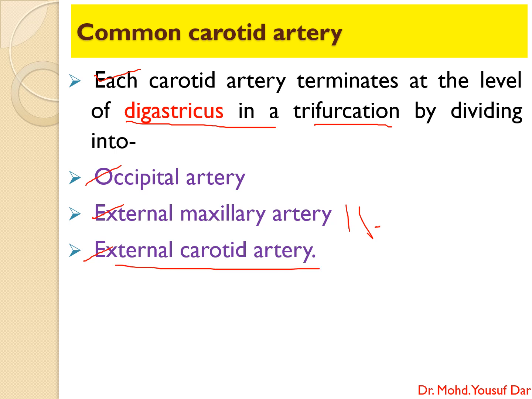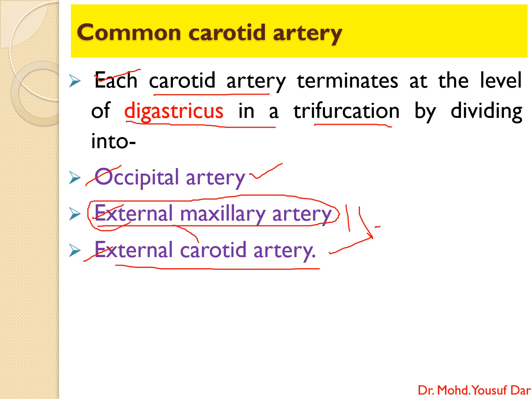But when there is a bifurcation of the common carotid artery, there is origin of the occipital artery and the external carotid artery, while the external maxillary artery arises from the external carotid artery.